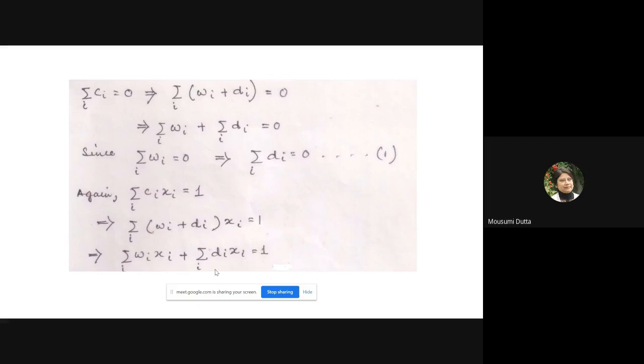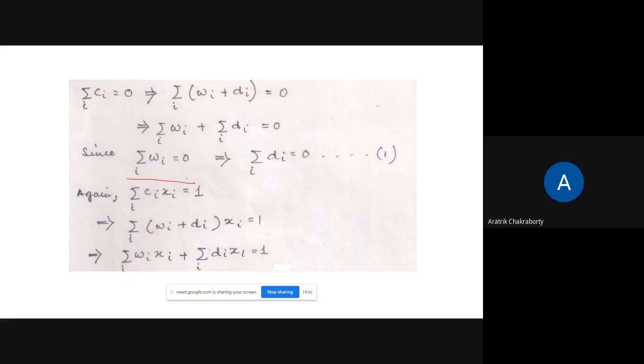So when we consider summation WI, we get summation XI minus X bar in the numerator, which is n X bar minus n X bar, and for that matter, summation WI is equal to 0. Already we checked all these things earlier. Is there any doubt regarding this part, that summation WI is equal to 0? Do I need to clarify it once again? Is this clear?